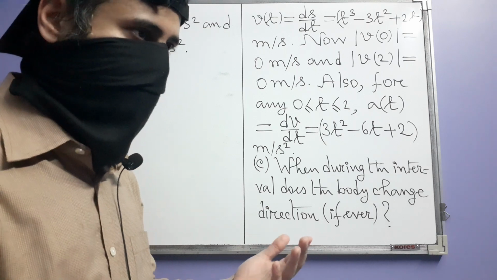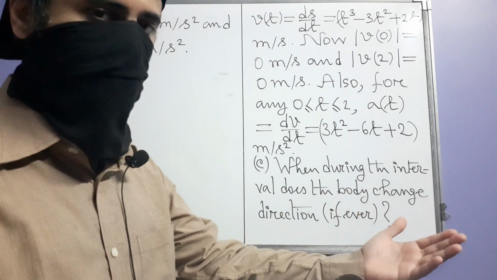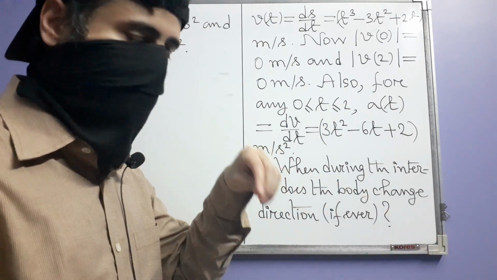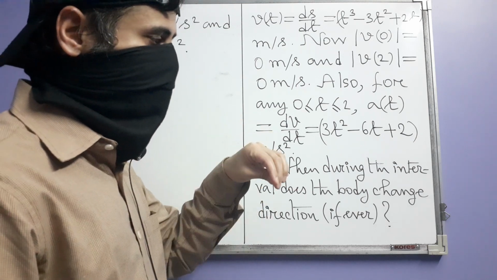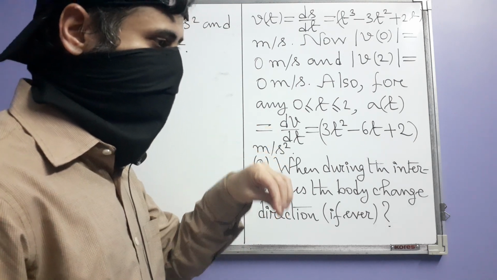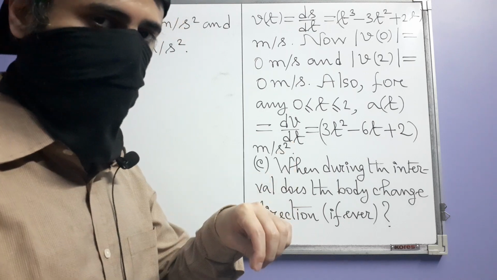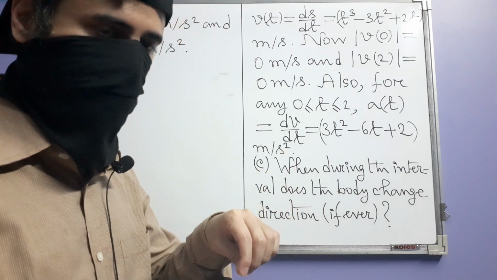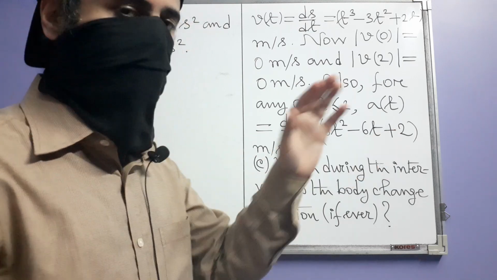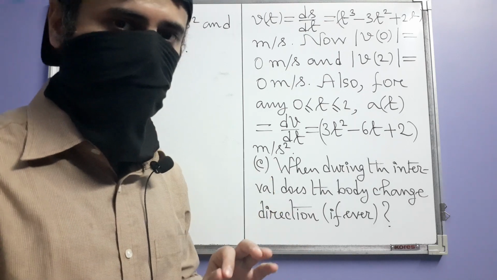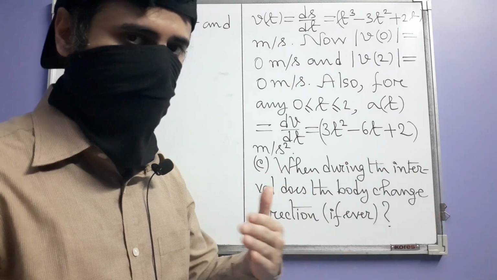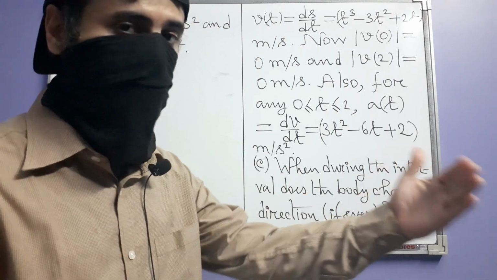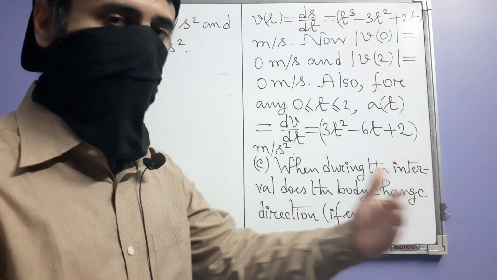When the velocity is positive, it's going away from you. Say you are stationary with respect to the origin of your coordinate system on that coordinate line. You are standing at the origin. If the body is going away from you, then the position function is increasing, so the velocity will be positive.